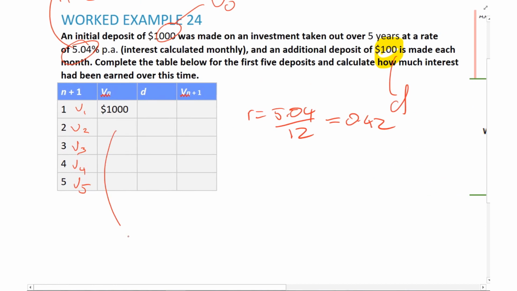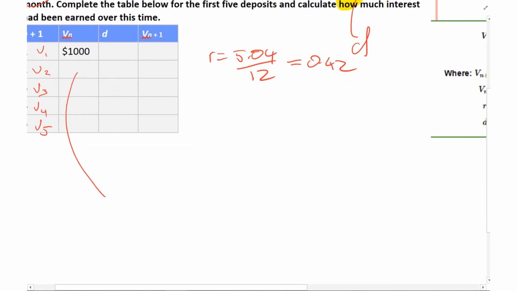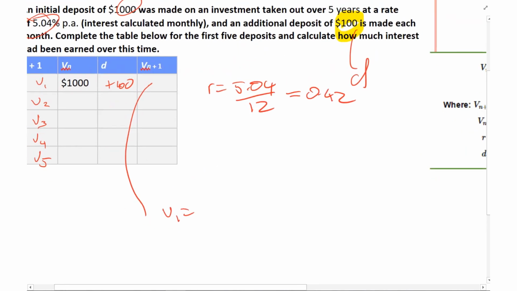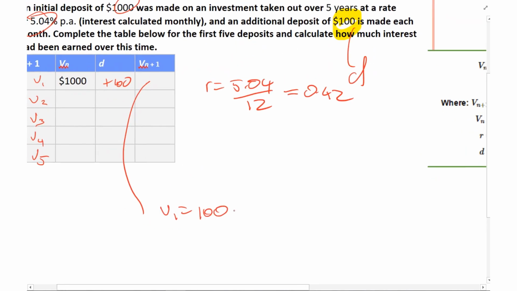So let's just do an example over here. I'm going to go plus 100. So I'm going to go V1 equals, well, it's going to be V0. So V0, as we said before, was $1,000.